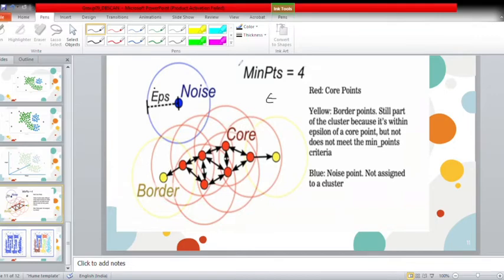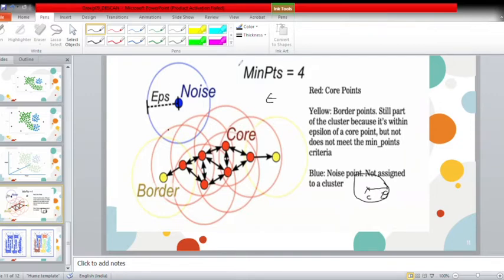It depends on the distance basically. Coming to the first component, epsilon, let's consider this point, which is C. This point has a radius of epsilon naught. Let's assume this epsilon value is 3, and we create a circular boundary around it in such a way.